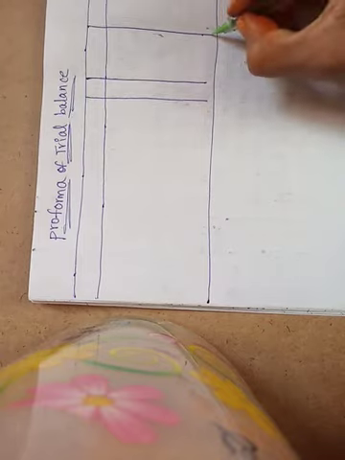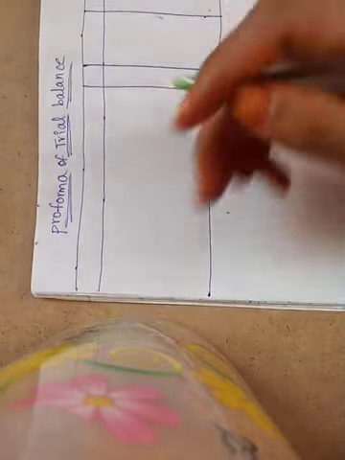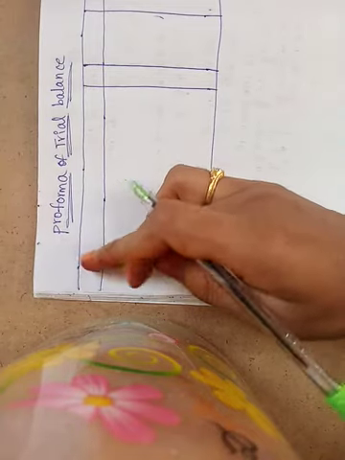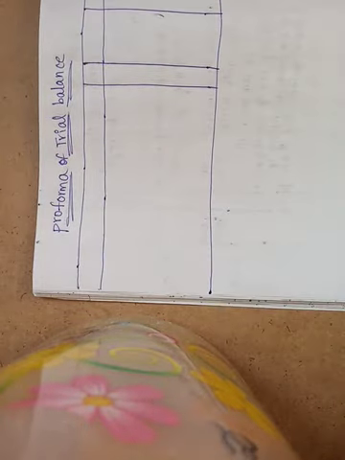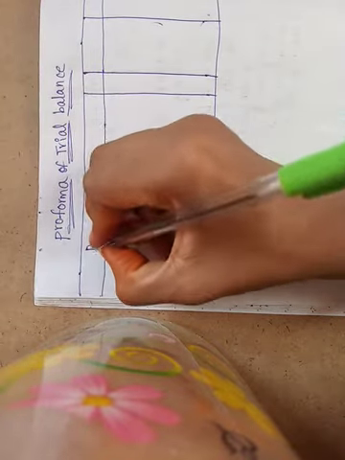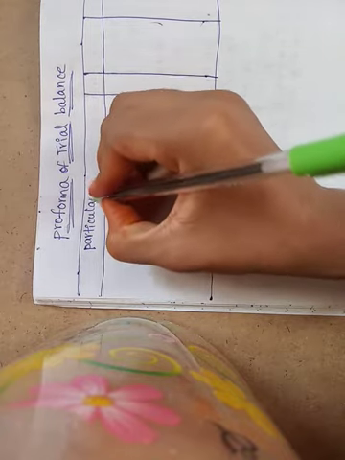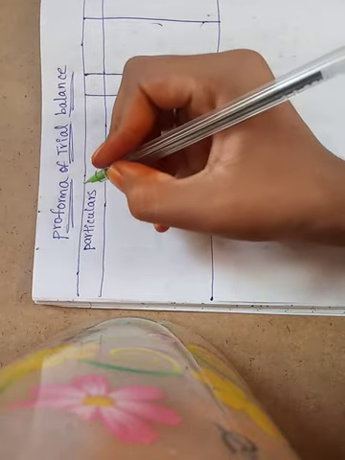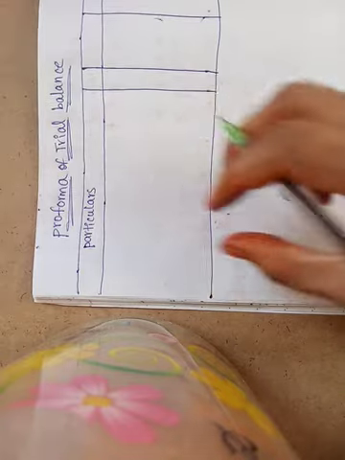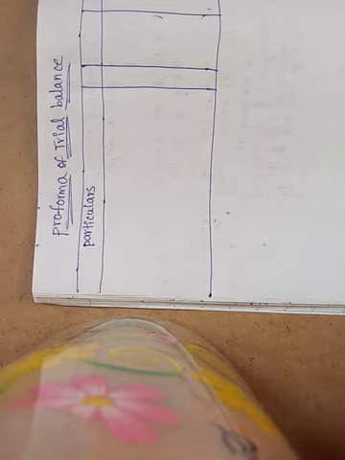Okay, this is a pro forma of trial balance. Suppose dates are mentioned, then at that time you have to make a column for the date. Next is particulars. Under particulars, we have to write the name of the account, like purchase account, machinery account, sales account, Ramu account, Raghu account, like that.